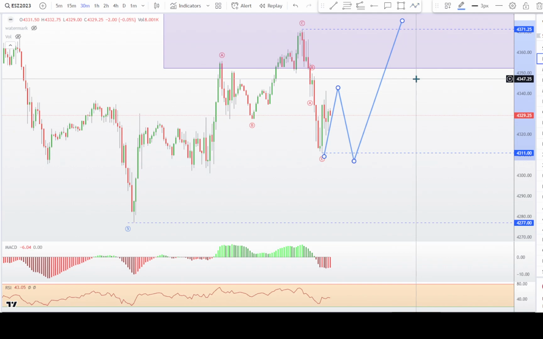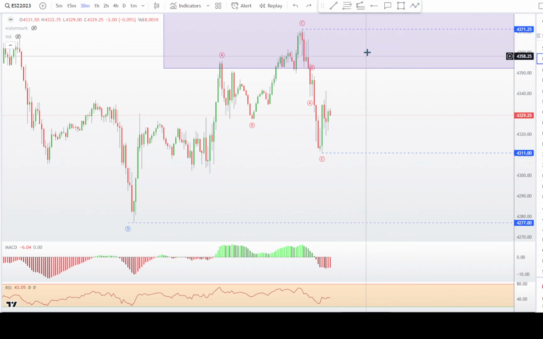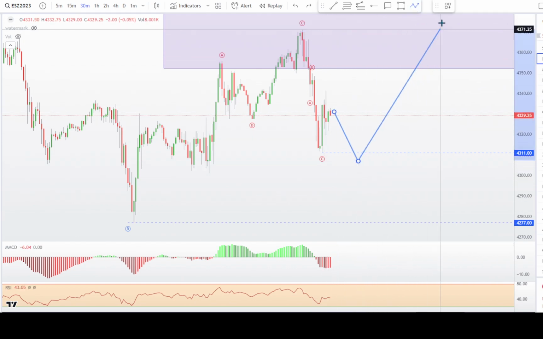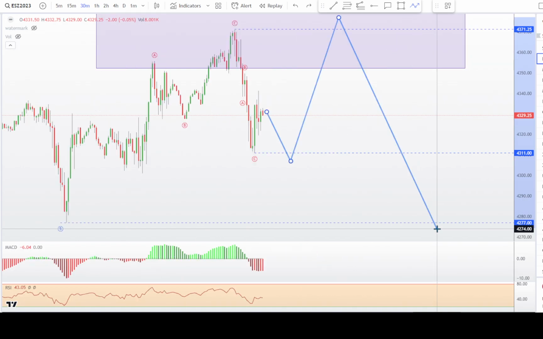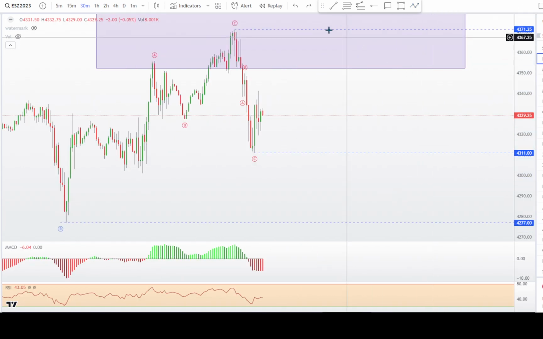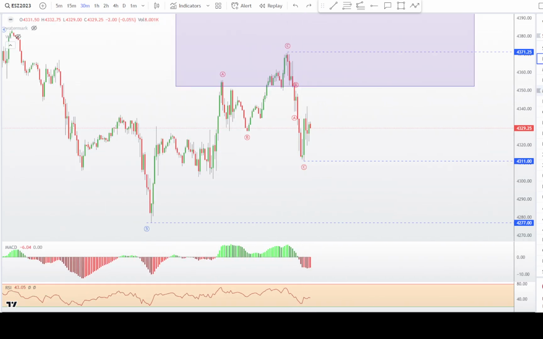I think there's a very high probability that we could take out 43.11, but then come up, take out 43.71, and then come all the way down and take out 42.77. So I think the S&P is going to be a little turbulent in this range here. So let's see if that plays out.